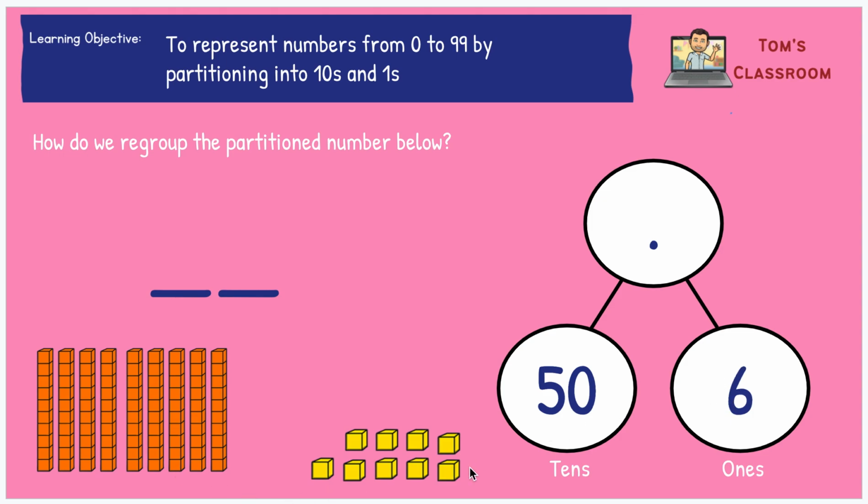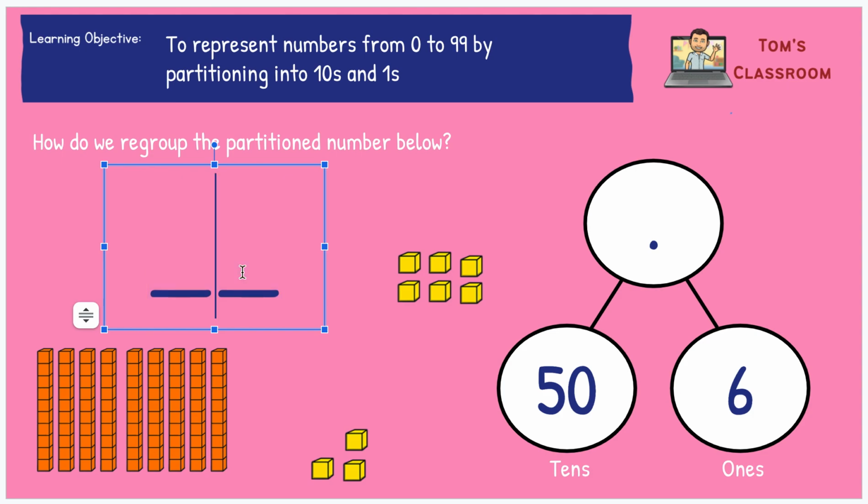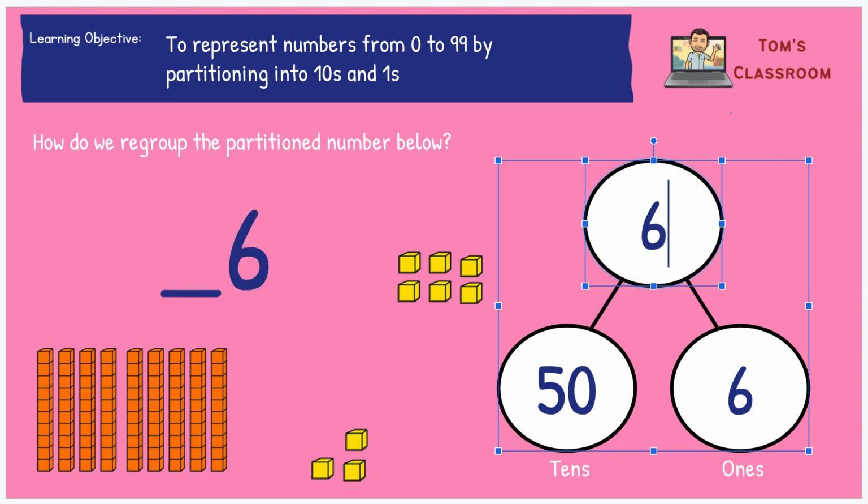So we've got 6 ones, so let's pull up 6 ones. And I know that 6 ones, this is the ones column, so we're going to put a 6 in there. And 50 tens. Well, it's not 50 tens, it's tens that make up the number 50. So how many tens do we need?